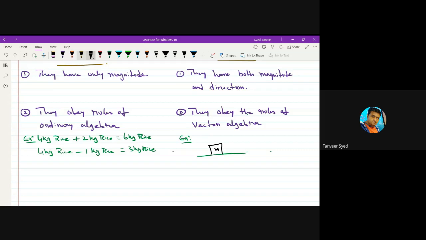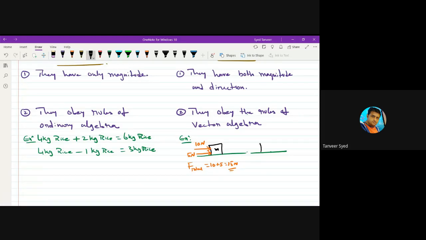Another force, 5 Newton, in this direction. Then the total force acting on this body is 10 plus 5, which is 15 Newton. This is our regular addition. Nothing special about this.